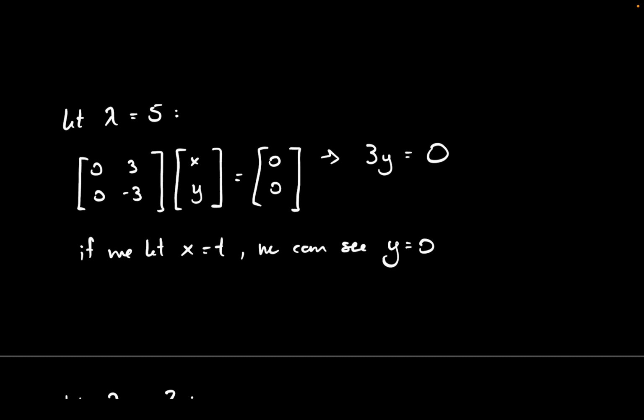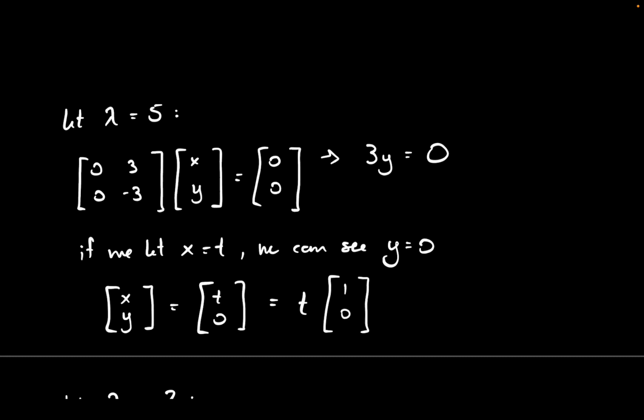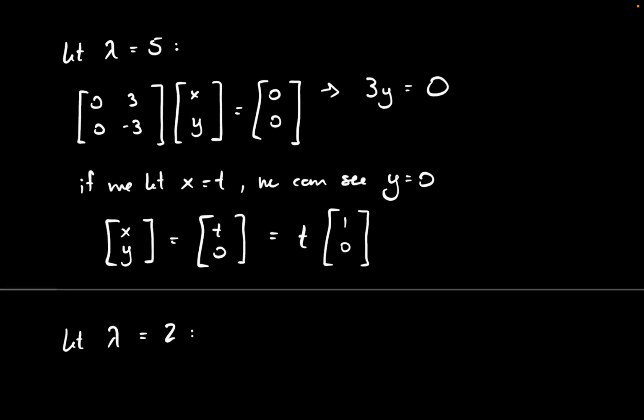So this leaves us with our x, y as t, 0, and we can factor out that t and get t times 1, 0. So this is going to be our first eigenvector. So we're at least halfway there. We have one more eigenvector to find, so we'll mark this and come back to it later.